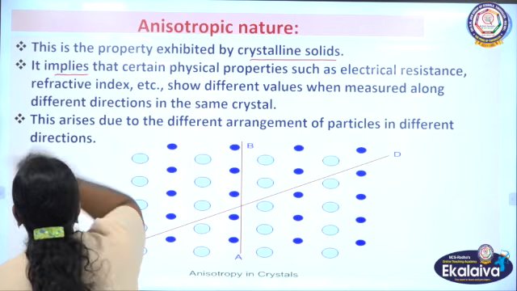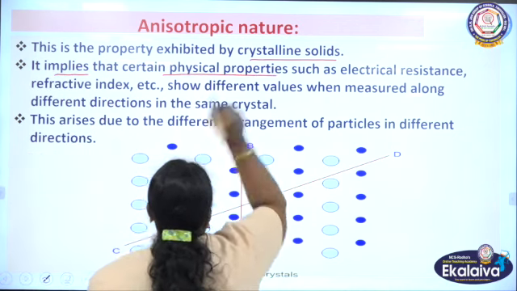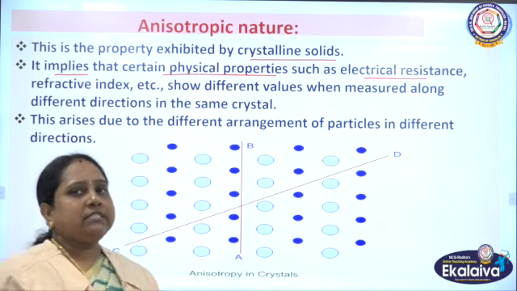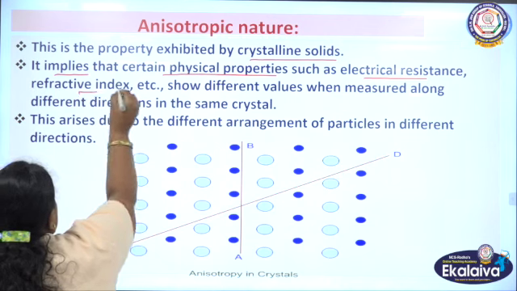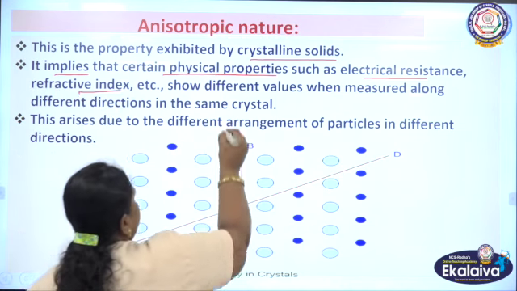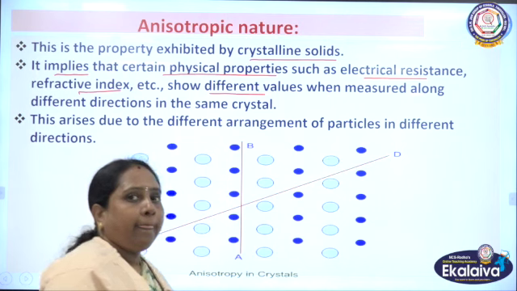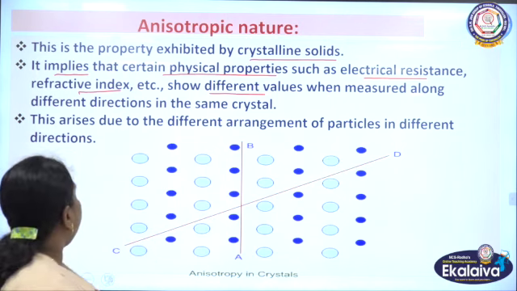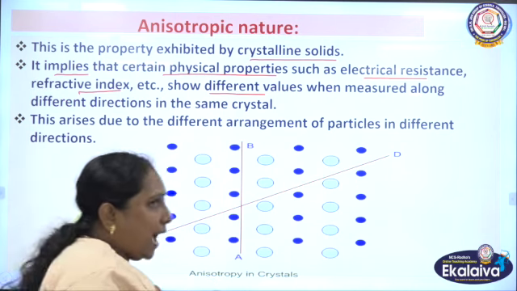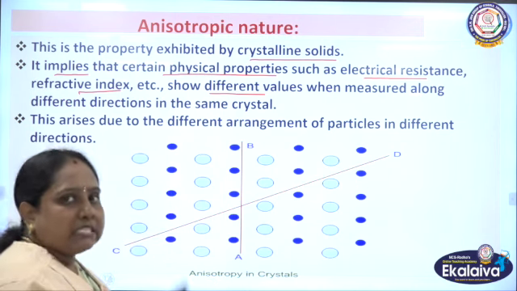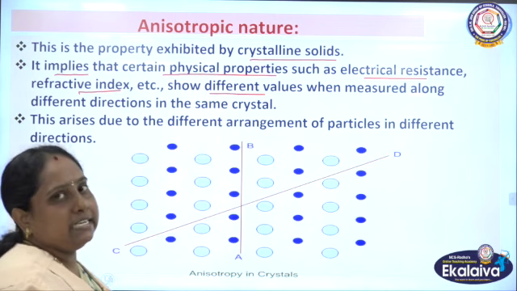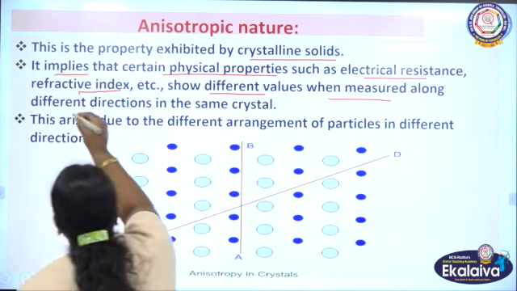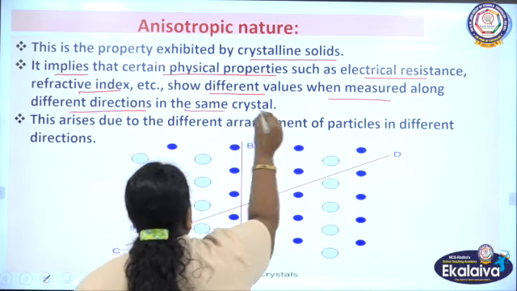Anisotropic nature implies that certain physical properties like electrical resistance, resistance towards electricity, and refractive index will show different magnitudes. The values we get through the study of crystalline solids will be different when measured along different directions in the same crystal.